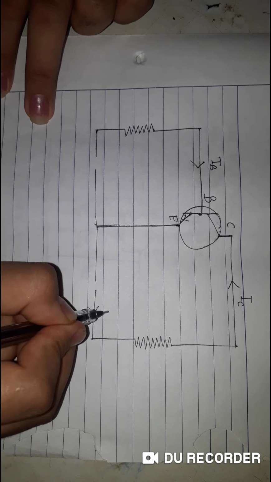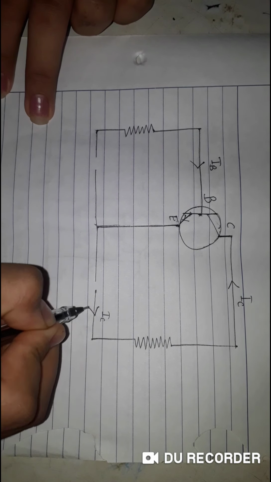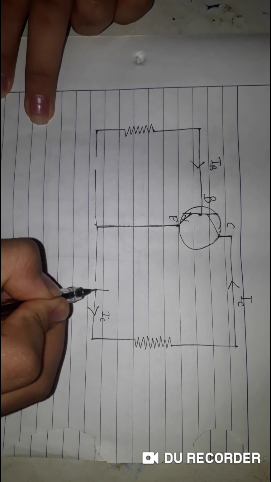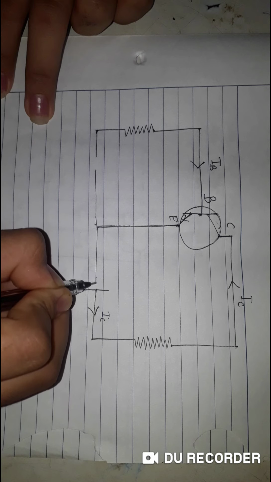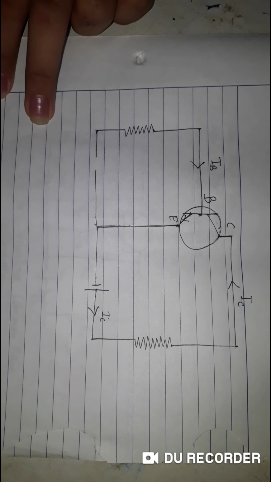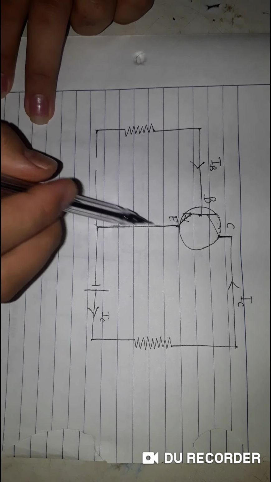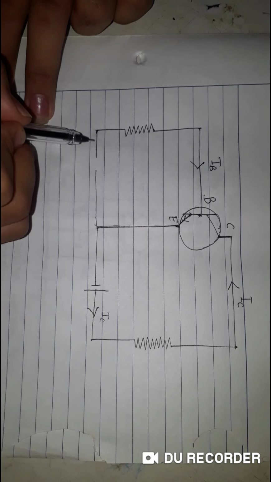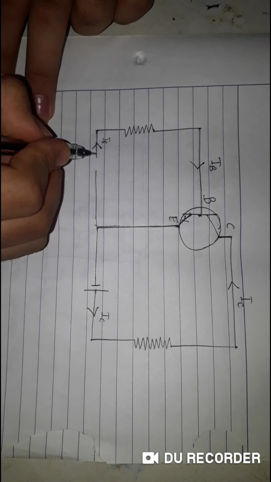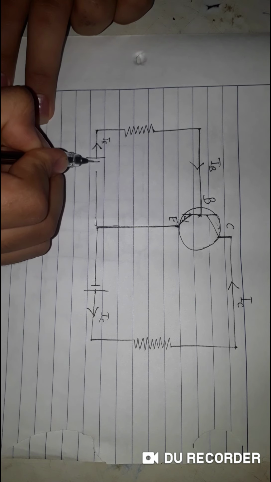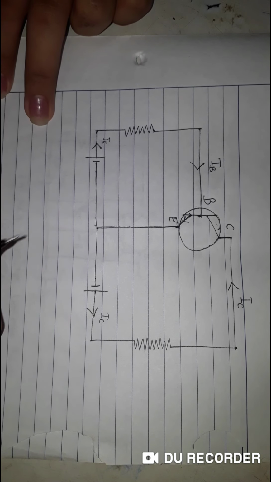So it is going through this point, so this tends to be the positive terminal because the current is passing from here, and here is the negative terminal. And in the case of this figure, IB is going through here, so this tends to be the positive terminal and this the negative terminal.